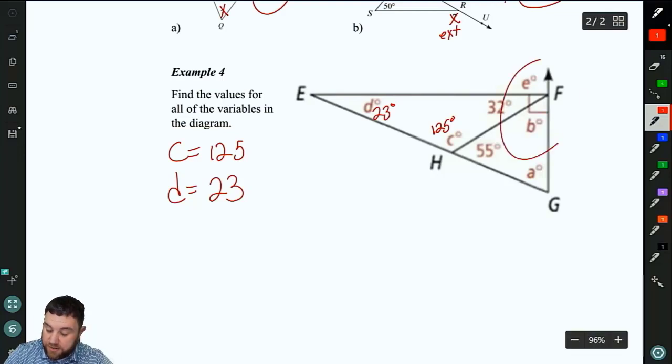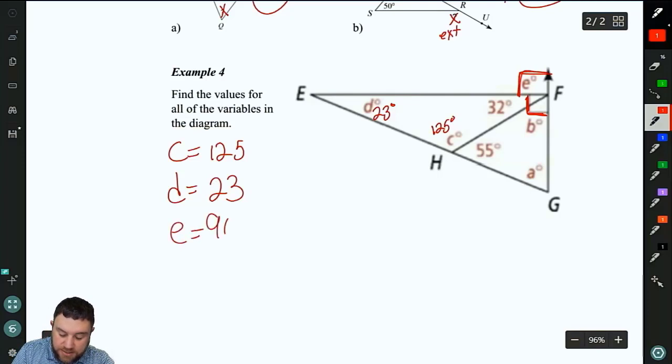If you look over here at E and B, if this angle, angle EFG, is 90 degrees, then we know this one also has to be 90 degrees. So we know E is 90. We also know that these two together have to add up to 90 degrees.